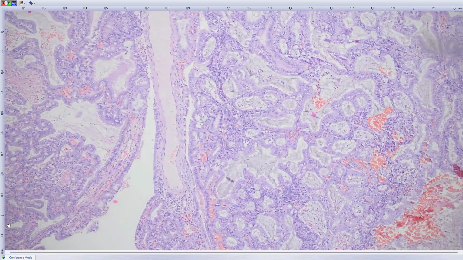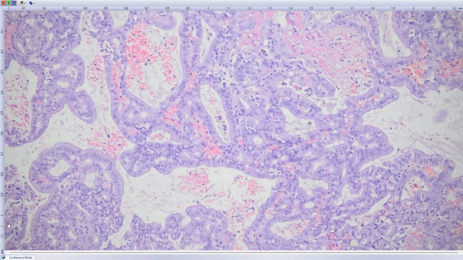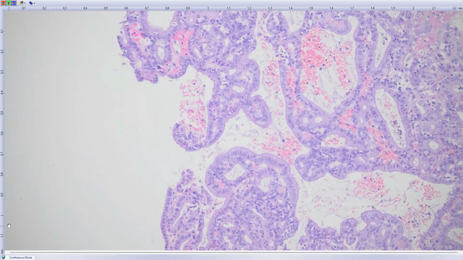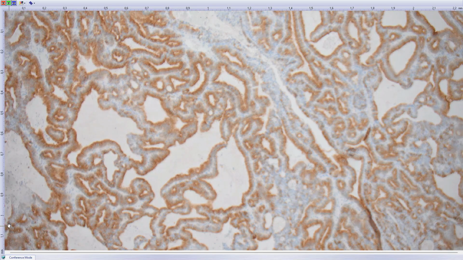It's basically an H&E diagnosis, but if you wish to help yourself with immunohistochemistry, this epithelium will be negative for MUC2 staining, which is a marker of intestinal differentiation. It will be positive for MUC6. It's the same positivity just like pyloric glands in the stomach.